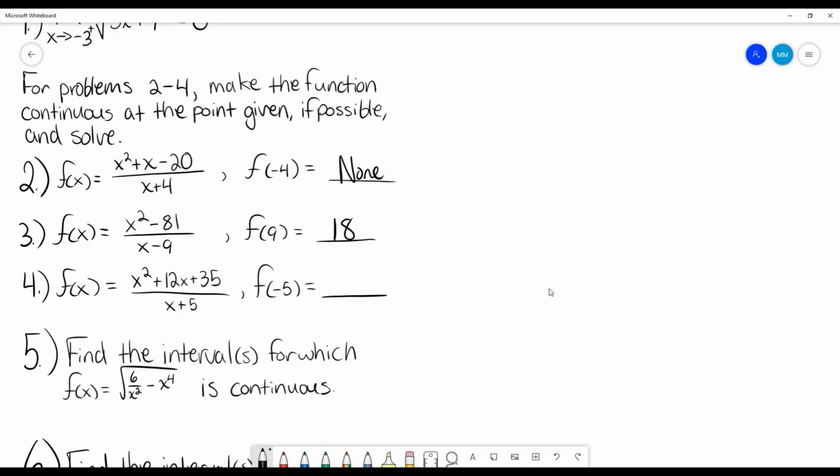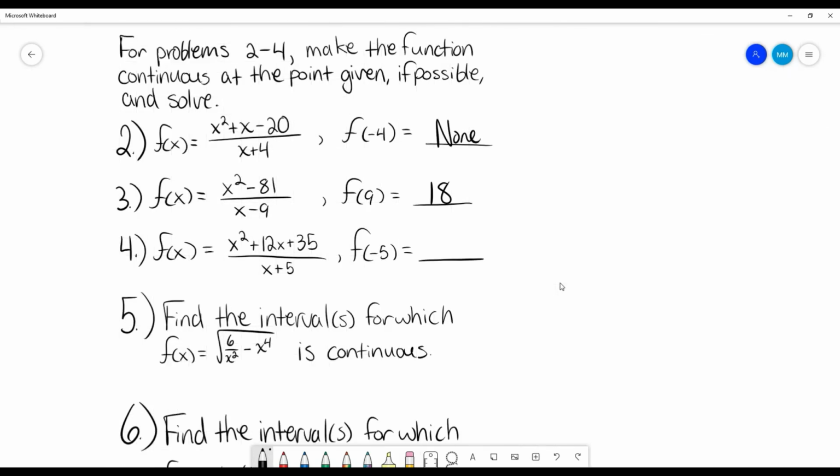And for this third one, we're just kind of doing the same thing. So once again, we see that it's discontinuous at the point they gave us, because if we plug in a -5 there, we get 0 in the denominator. So again, we just want to see if we can factor out that x plus 5.